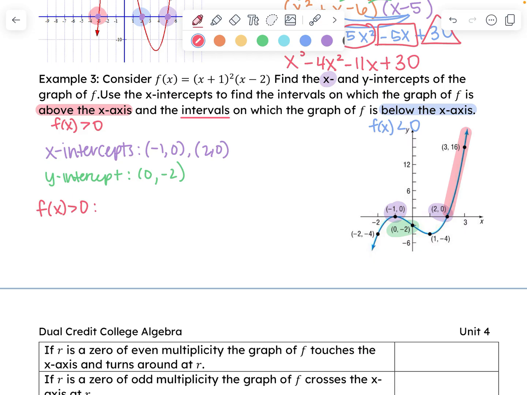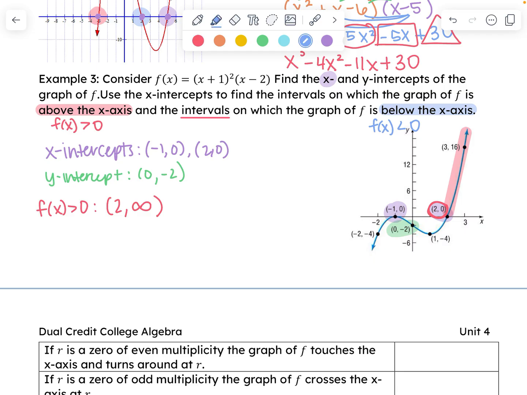It touches 0 at my point 2. So I would say everything greater than 2. I'm going to use a parenthesis because it's just greater than 0, not greater than or equal to 0. But I'm going to go off to infinity on the right. So we start at that point (2, 0), and then we go off to infinity.